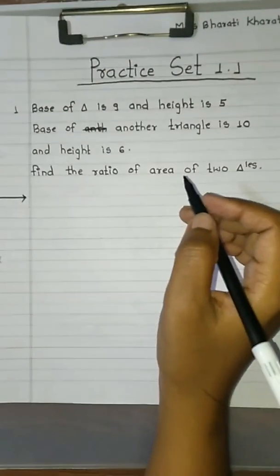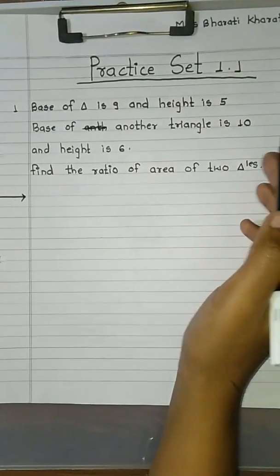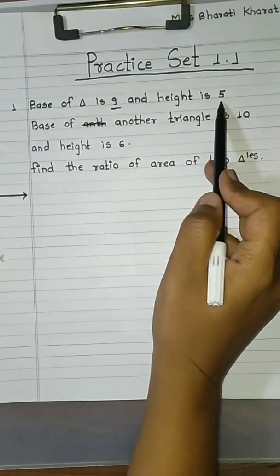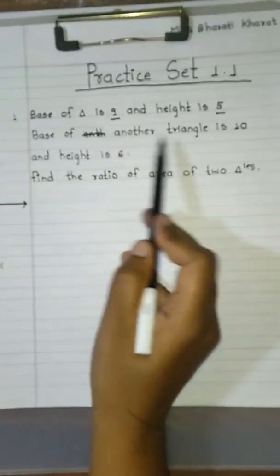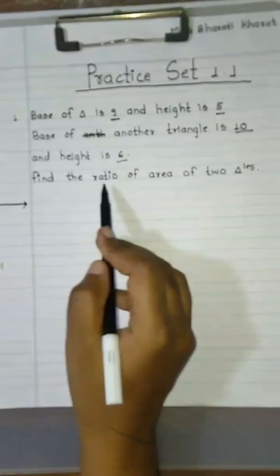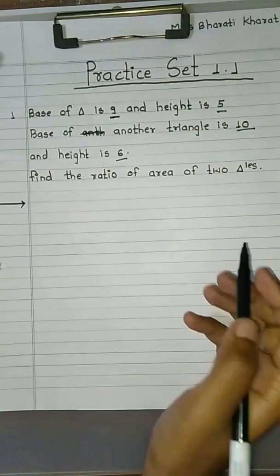Let us move on towards practice set 1.1. First, base of a triangle is 9 and height is 5. Base of another triangle is 10 and height is 6. Find the ratio of areas of two triangles.